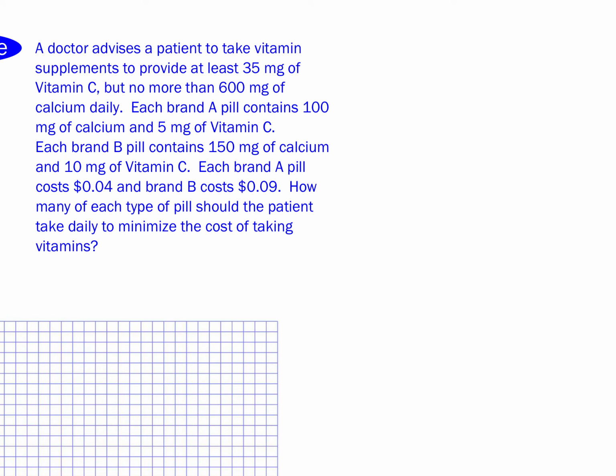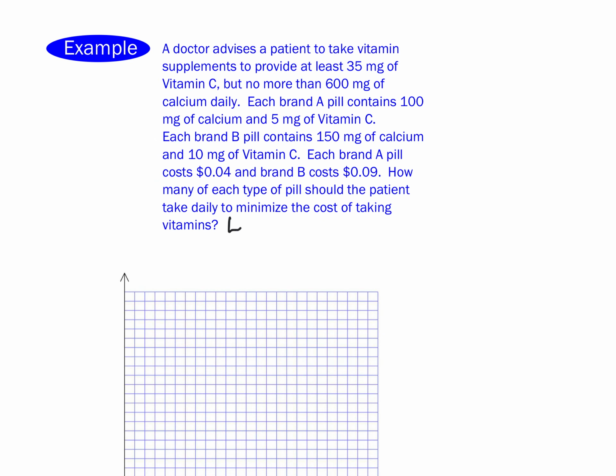So, what are our variables in this question? We want at least 35 milligrams of vitamin C. Each brand A pill contains 5 milligrams of vitamin C. Each brand B pill contains 10 milligrams of vitamin C. We want no more than 600 milligrams of calcium.